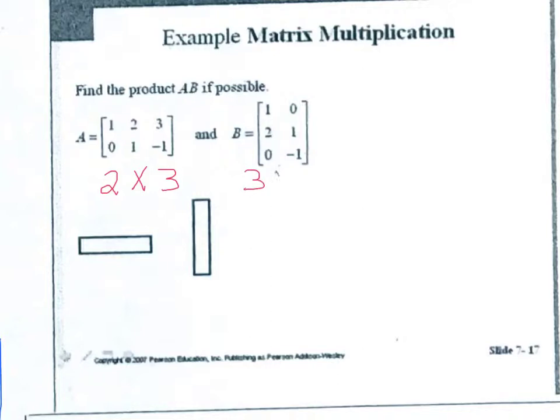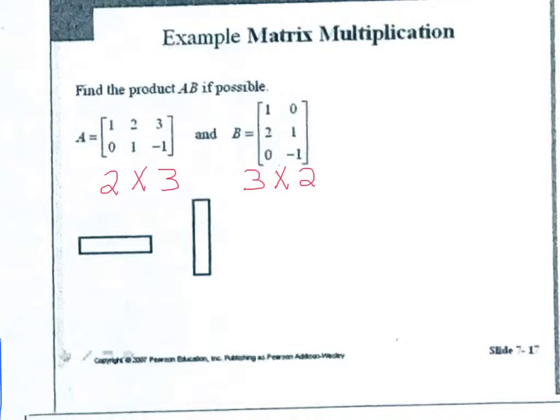It's a 3 by 2, right? In order for you to multiply two matrices, you have to have the same inside numbers. If these are the same, then the order of the product would be the outside numbers. Before you multiply, double check that that is possible.